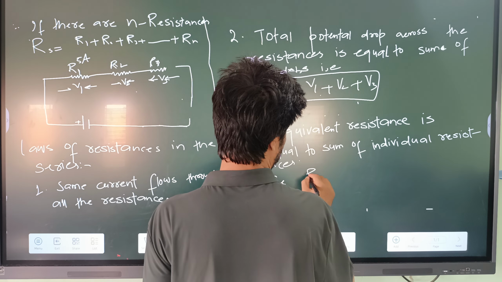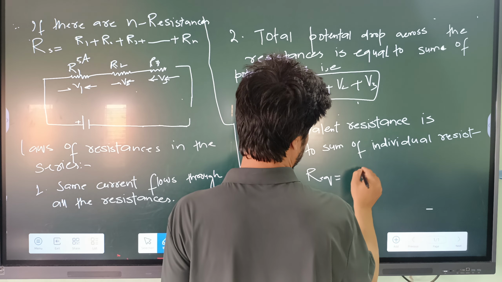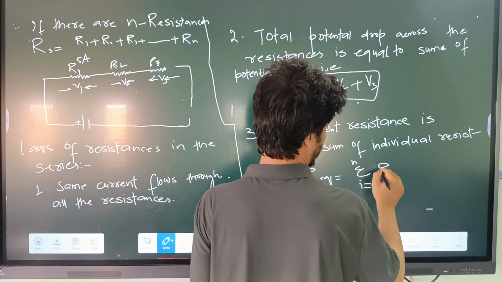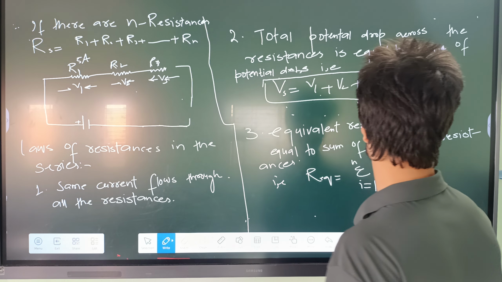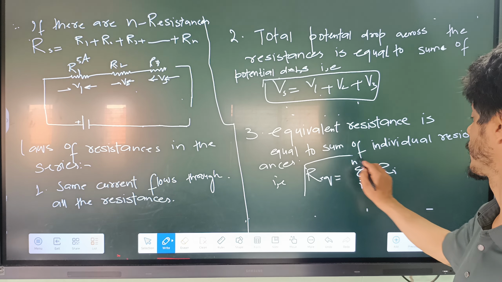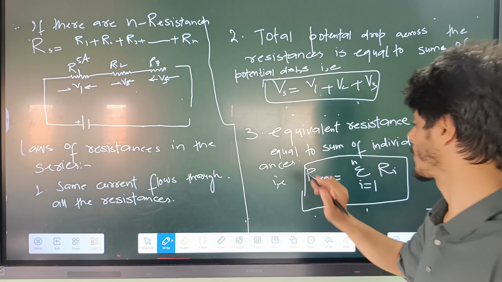That is, R equivalent is equal to the summation of Ri, for i equal to 1 to N. So this is the total resistance in a series combination.